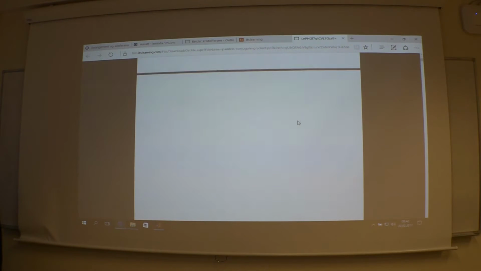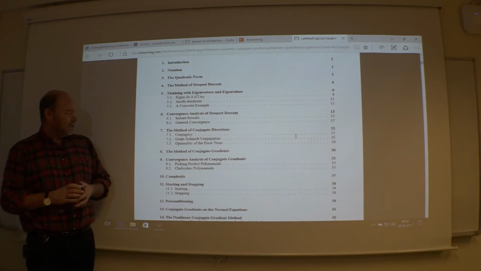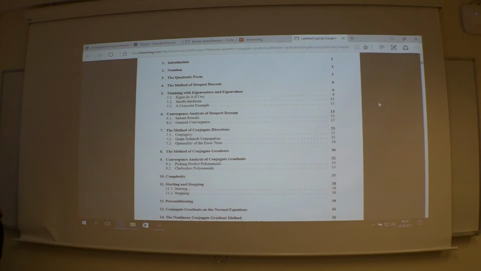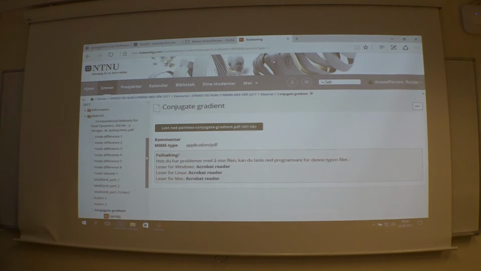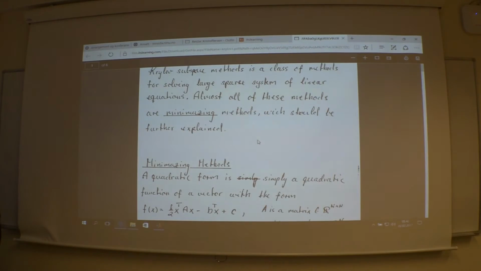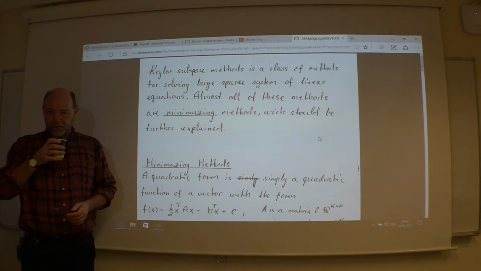So I've borrowed some of the examples and figures that he has. This is a very nice place to start reading the theory behind conjugate gradient. What we are going to go through is an excerpt from that, starting here. It's just handwritten, but hopefully it should be readable.